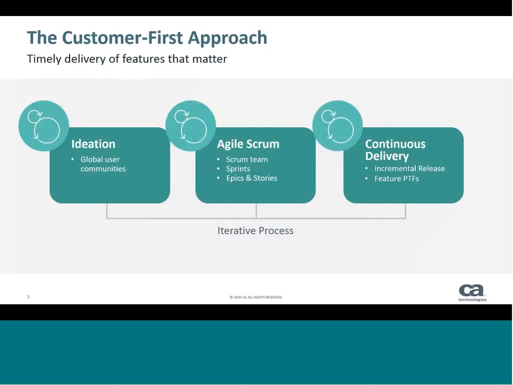So what do we mean when we speak about continuous delivery? It's really quite simple, and the process begins and ends with all of you. But the reality is it really doesn't end, and that's why we're calling it continuous in a sense. And that's what we mean when we say it's an iterative process. It really starts with a requirement from you.